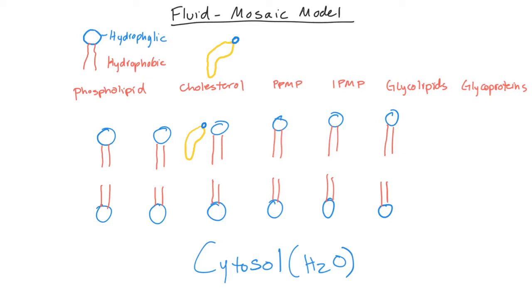So our P, what did the first P stand for in P-PIMP? Peripheral, right? So we've got a protein here. Proteins are going to have hydrophobic and hydrophilic regions, and those are going to line up within that lipid bilayer according to those same properties.